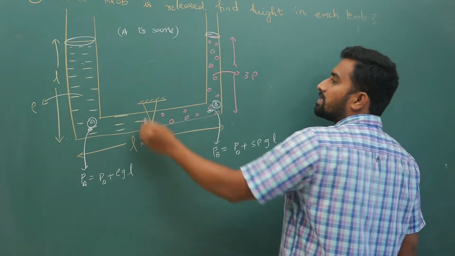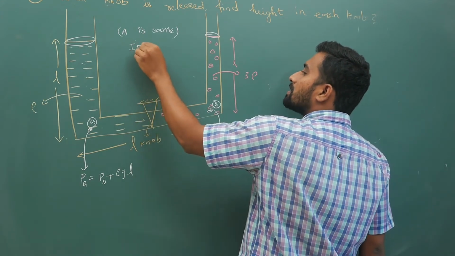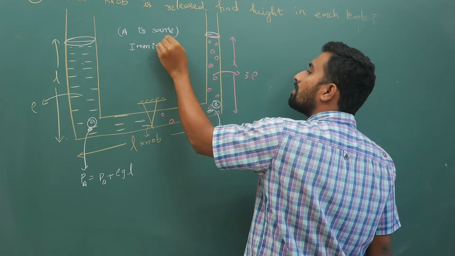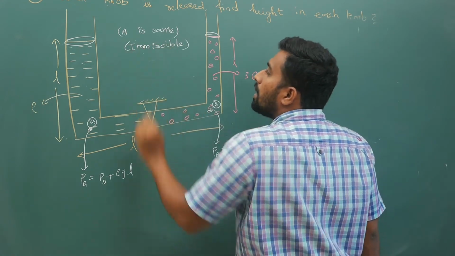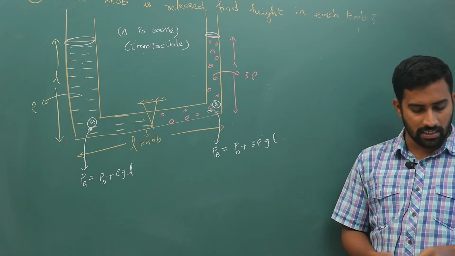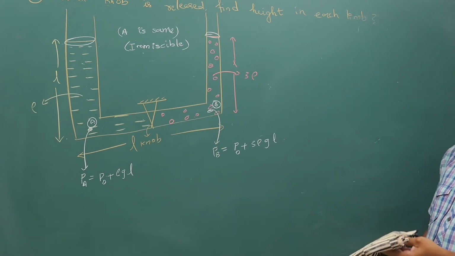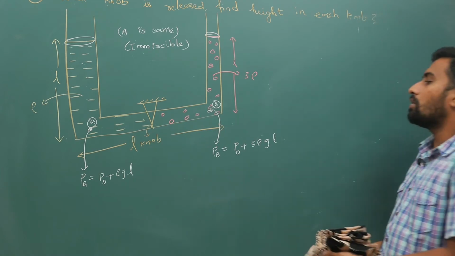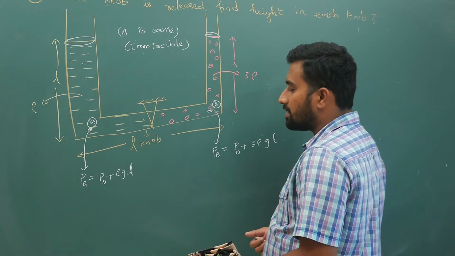Area of cross section is the same and the liquids are immiscible. Immiscible in the sense they do not mix. If these conditions are not given, you have to assume them and then do the calculation. Now what exactly happens here, I will tell you.